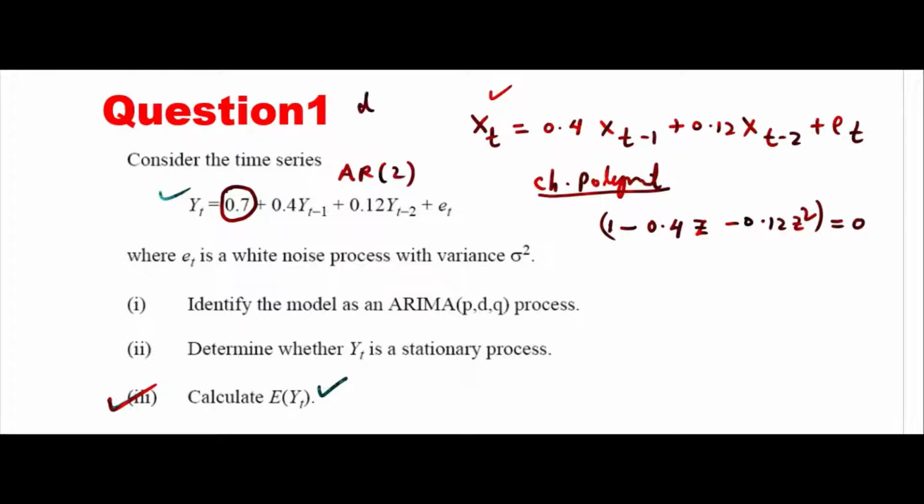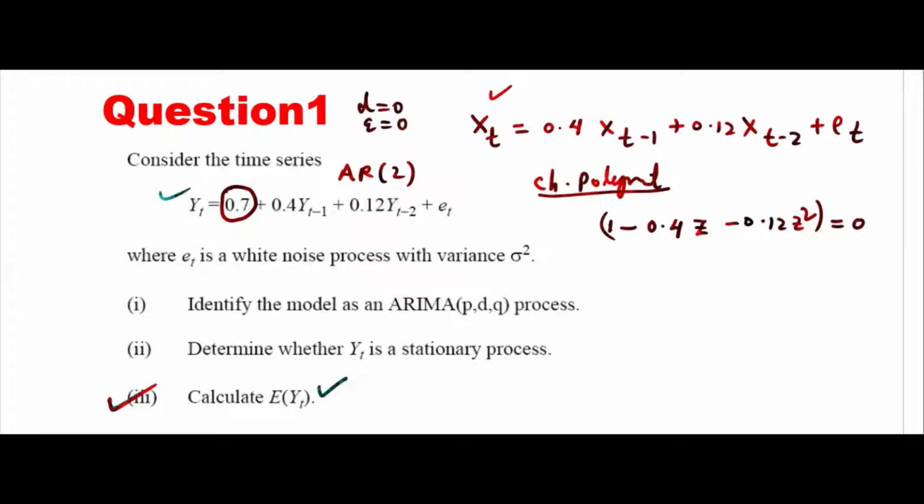That means D is 0, Q is 0. Q you can see from the equation, and 2 you can say by counting the number of path dependencies in terms of the original time series. But you have to make sure that there is no D. No D means no unit root. If you have a unit root, then there is a problem.